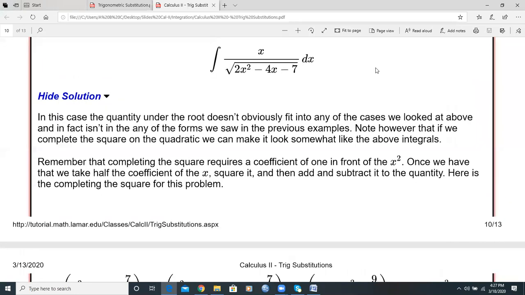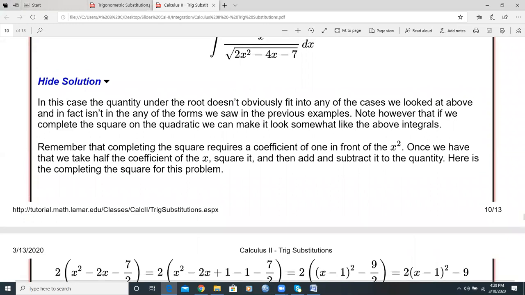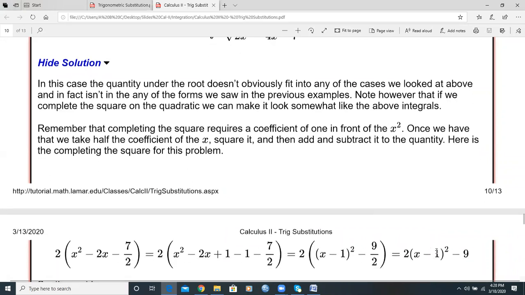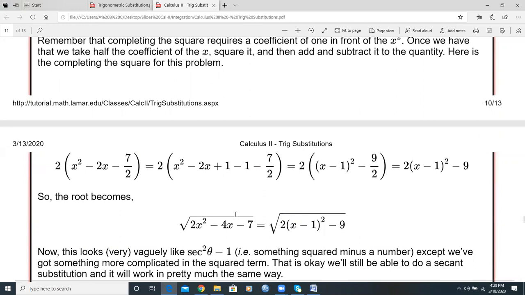This integral now becomes the square root of 2 times x minus 1 whole square minus 9 over 2. This is the type of our integral. So basically, in this case, we have the first type of transformation, x square minus a square.